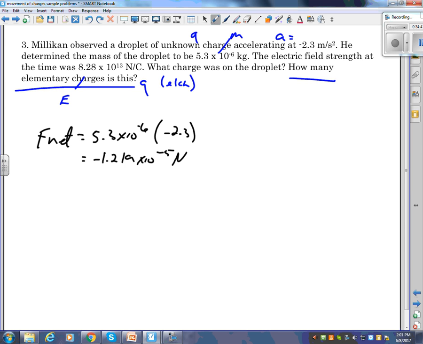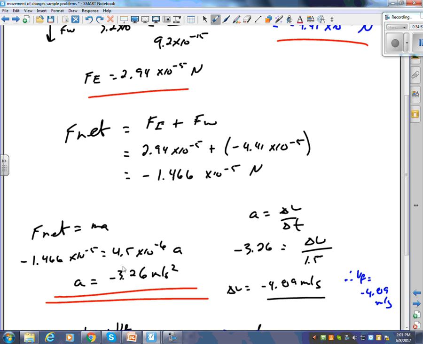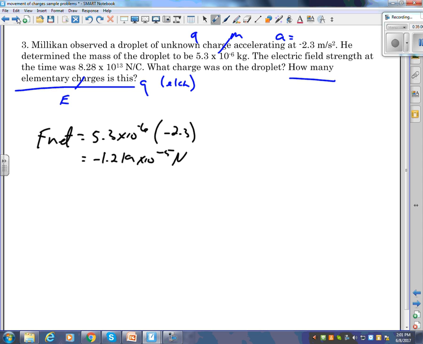There's the net force. You'll notice that it is negative, which means it's down. Okay, now, if you're going backwards, we've gone from the A to the F net. Now I need to find out what the electric force is, but I don't know the weight force yet, do I? So I gotta do that on the side.